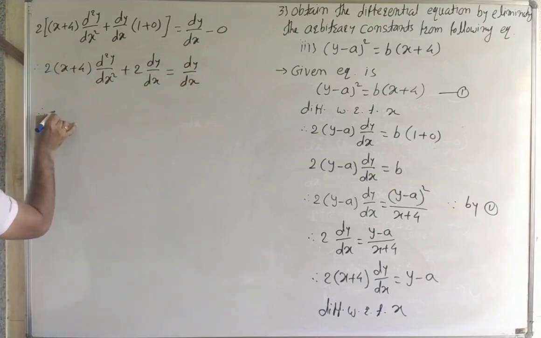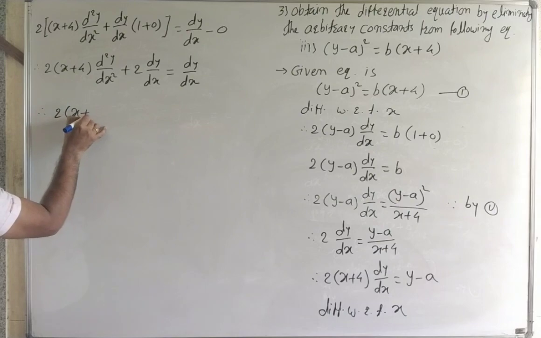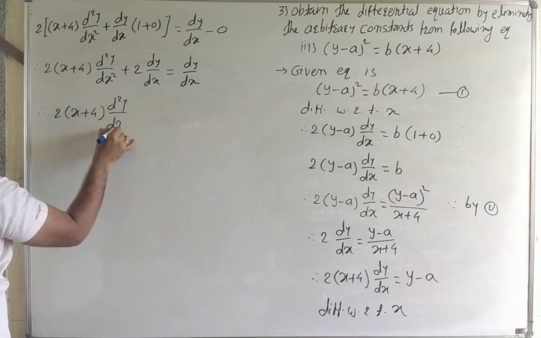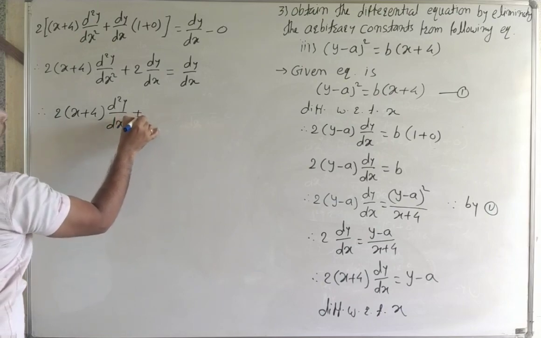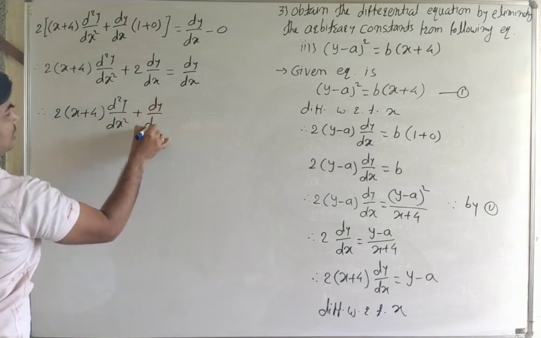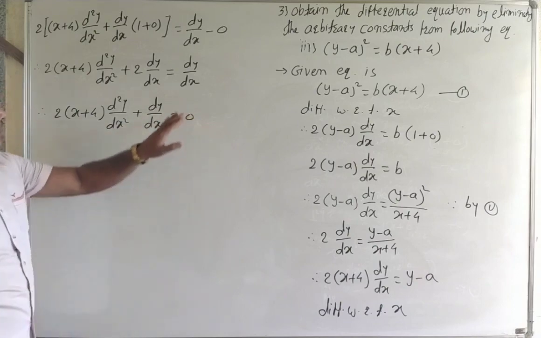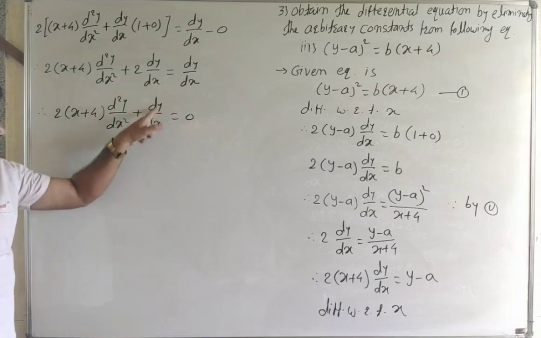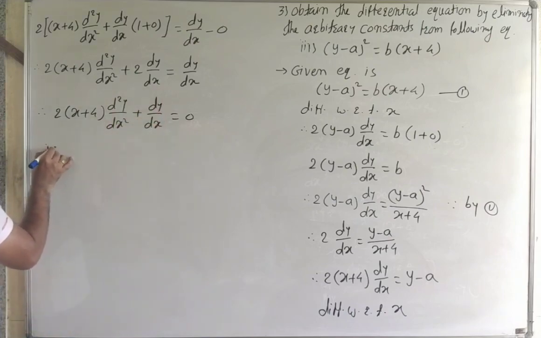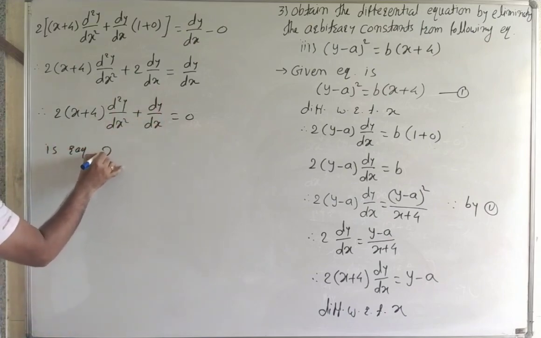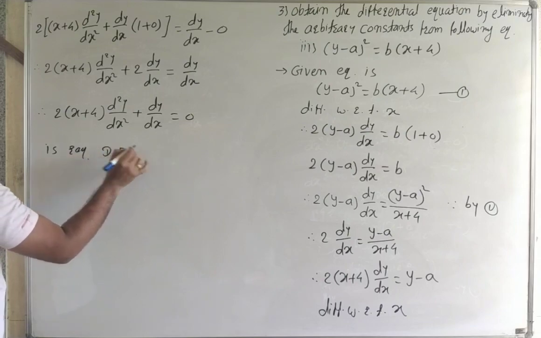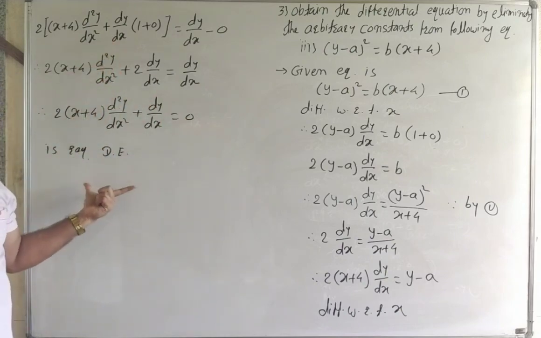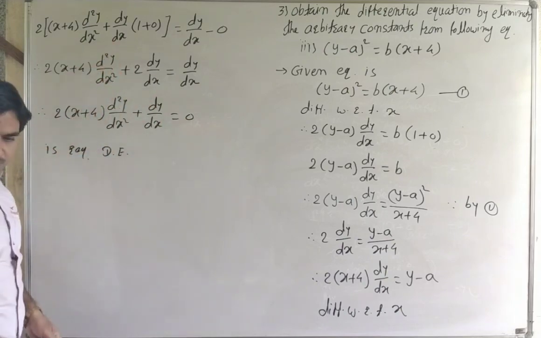And now the last answer, 2 into (x plus 4) d2y by dx2 plus dy by dx is equal to 0. We write this dy by dx here, that is 2 dy by dx minus dy by dx, it is dy by dx, and here is the required differential equation. Okay, see carefully this. Again there are two arbitrary constants, we differentiate 2 times.